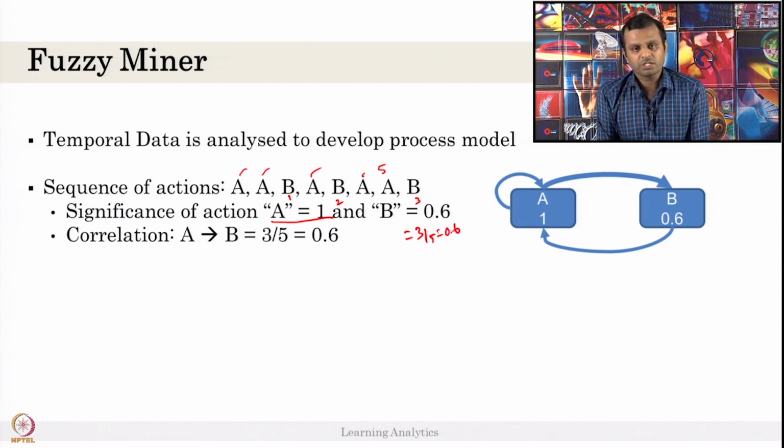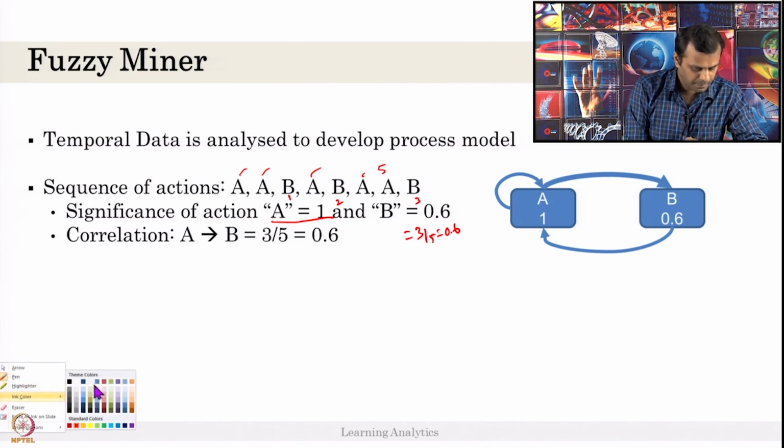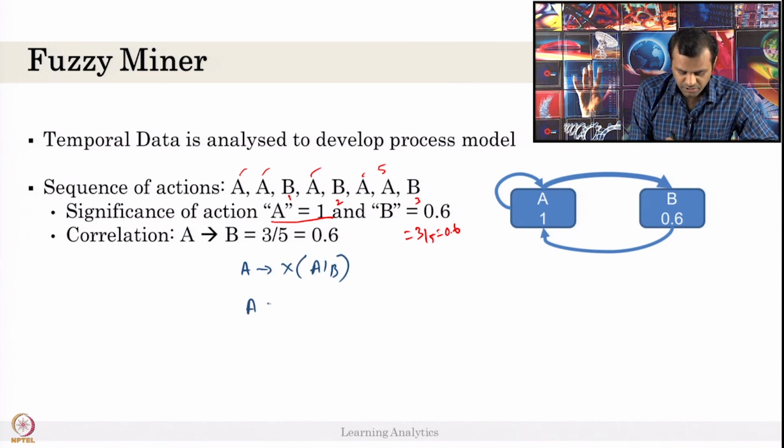Similarly, what is the correlation that we saw in a state transition diagram, what is the transition probability of A to B? Significance of edges also can be computed. Let us look at the correlation for this example. How many actions are there from A to X, where X can be A or B, how many actions for A to B and how many actions for A to A, right.